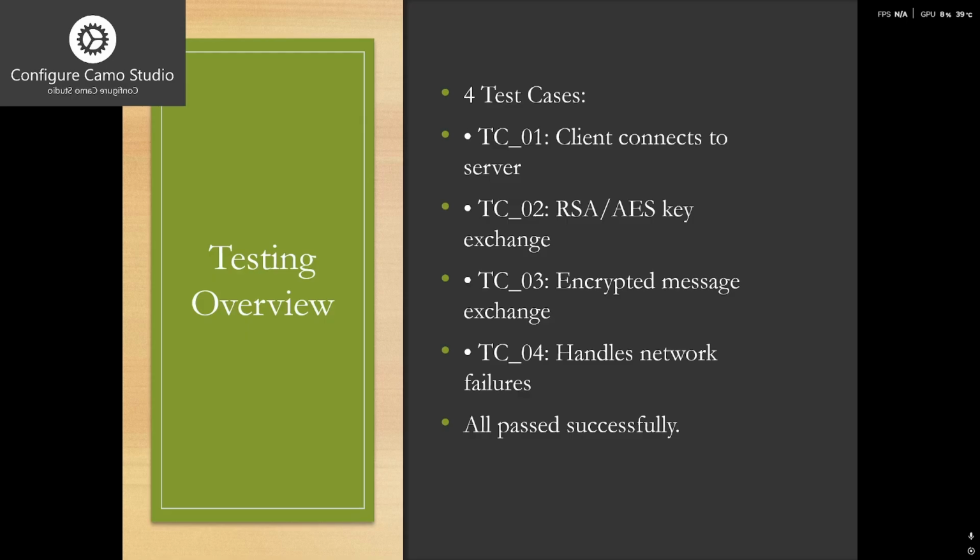The third is encrypted messaging, which ensured that messages are encrypted and correctly decrypted. And the last is network failures, where we simulated disconnections and validated proper error handling. All of the test cases passed, and we used tools like Wireshark to confirm that the data transmitted was indeed encrypted ciphertext.